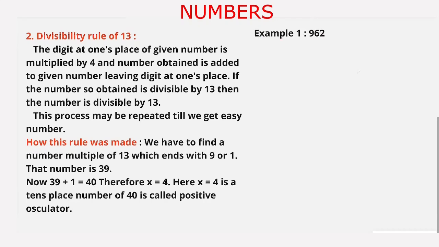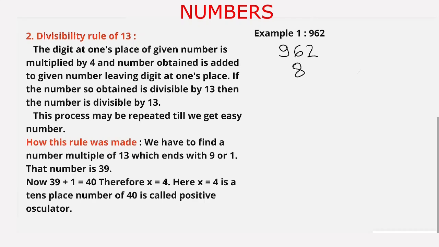The first example we are taking is to find whether number 962 is divisible by 13 or not. What we do? The last digit is 2. We multiply 4 to this last digit 2, and 4 times 2 is 8.